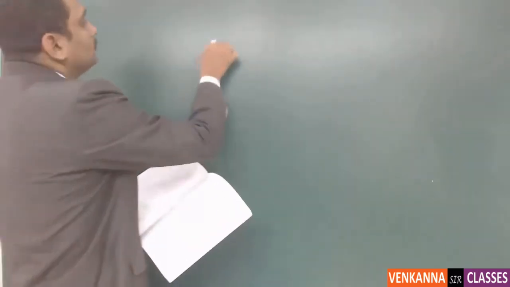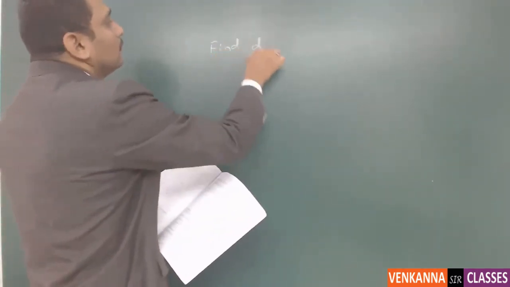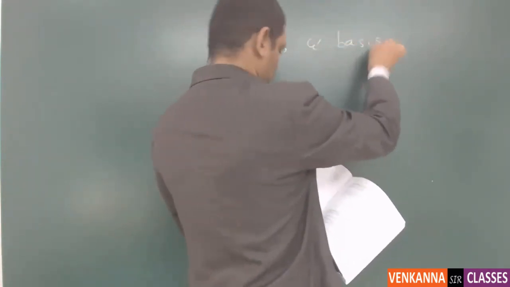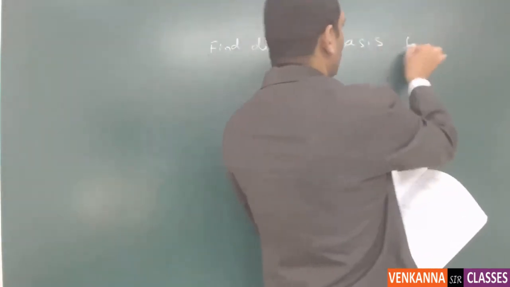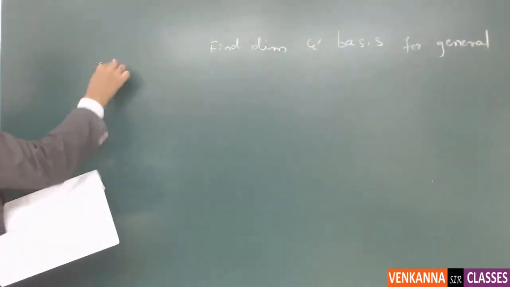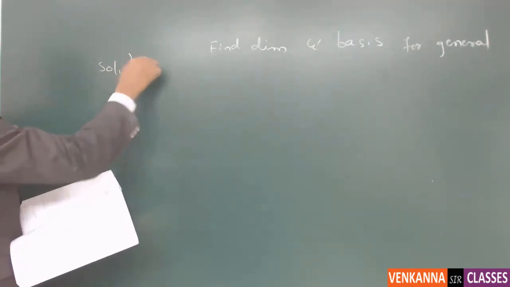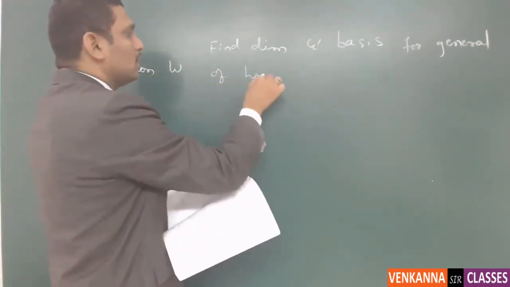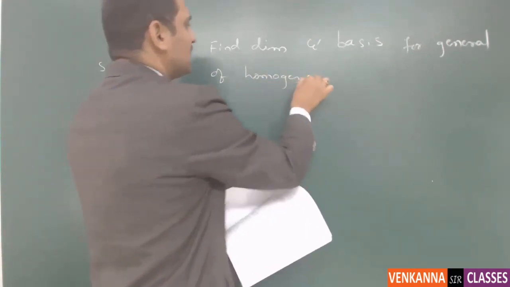So let us take the problem: find dimension and basis for general solution W of homogeneous system.